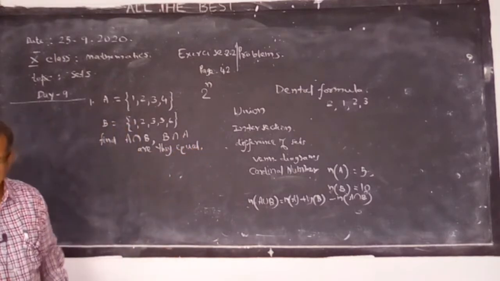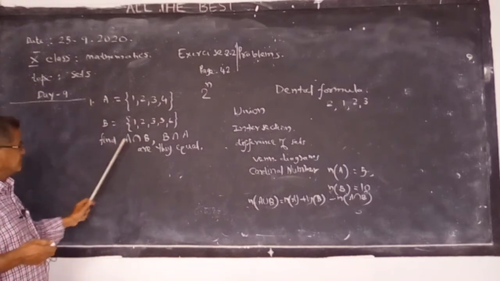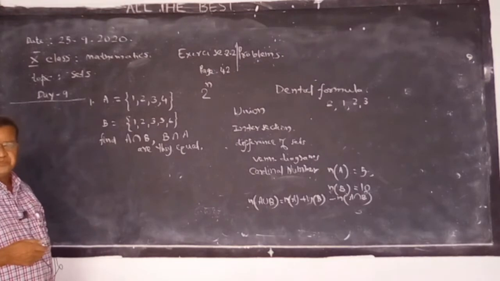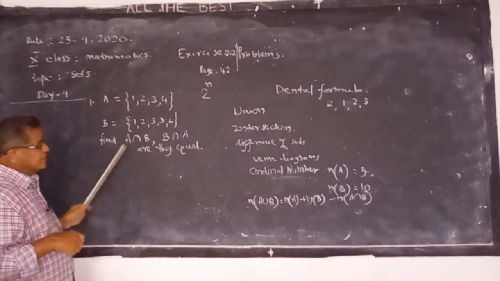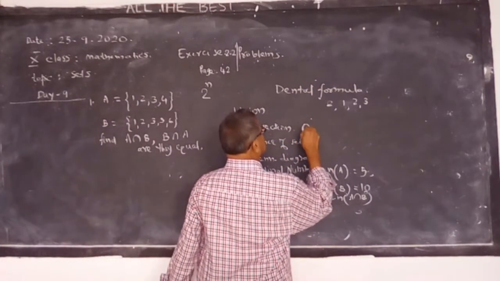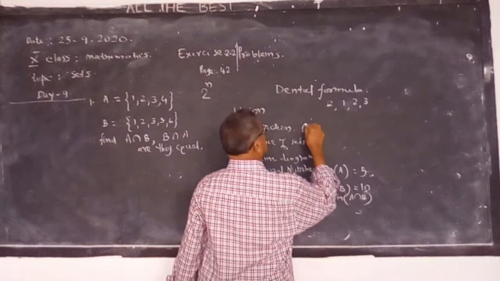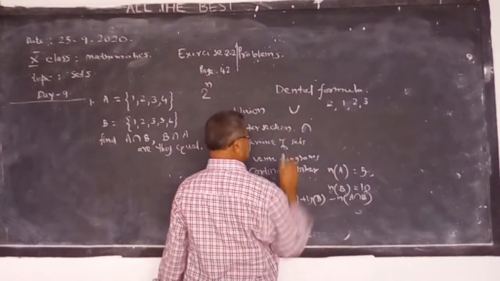First question, very easy. He is asking for intersection. In intersection, write the common elements. Don't confuse. In union, combine all the elements.